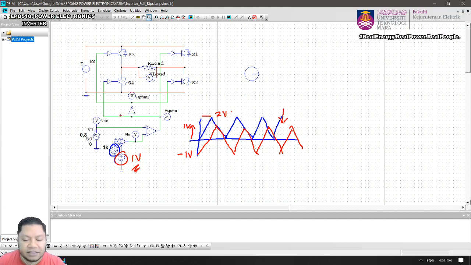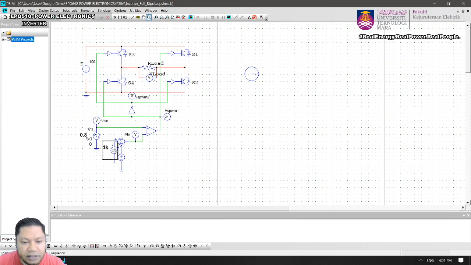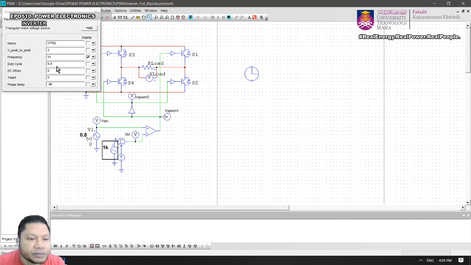Then I adjust because I want to start at 0 volt, so there must be a delay. I have to make a delay so that I start at 0 voltage. That's why if you look at this triangular source, there is an extra phase delay of 90 degrees.